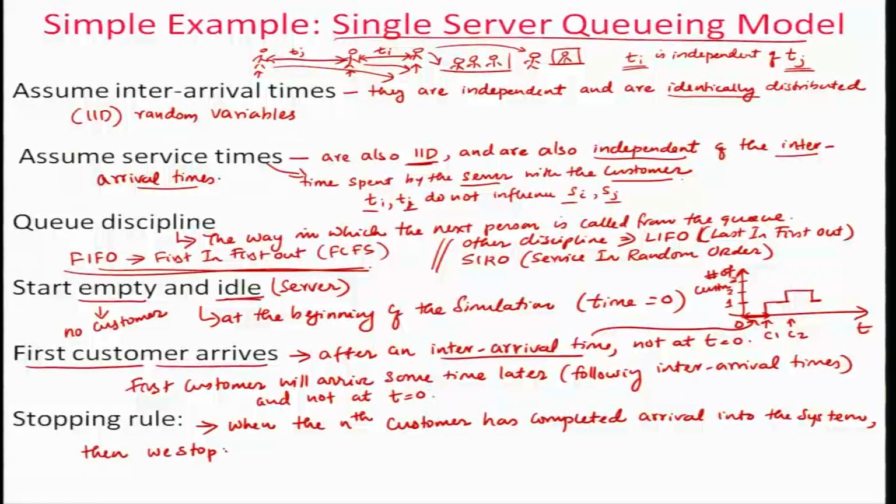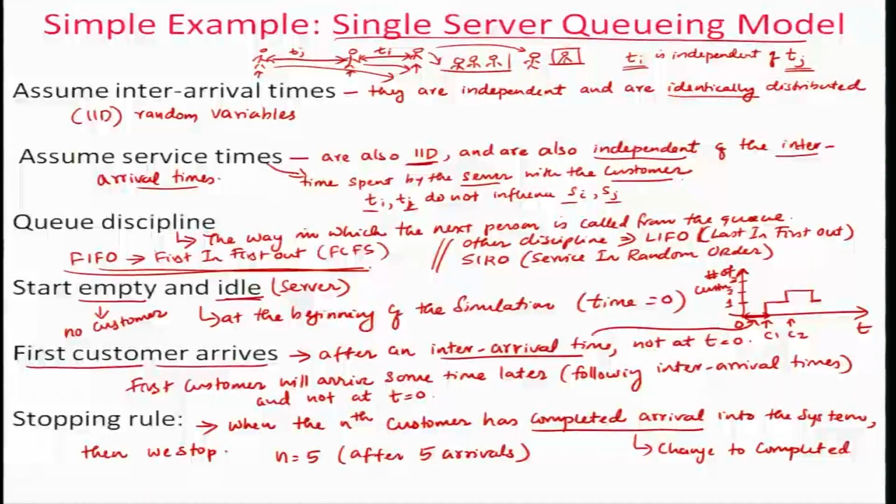If you say n is equal to 5, that means after 5 arrivals. You can change this condition. Instead of completed arrival, you can change it to completed service. Then that means 5 people have finished the service.